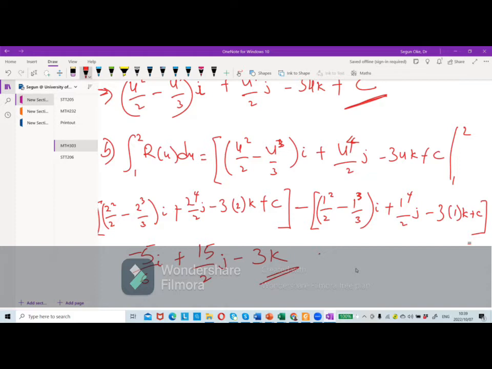The C will cancel: by the time you open the bracket with the negative, it will turn negative and cancel the positive. Then you can solve the rest. When you are adding everything together, i must add to i, j to j, and k to k. So you have this at the end of the day. Any question, please?